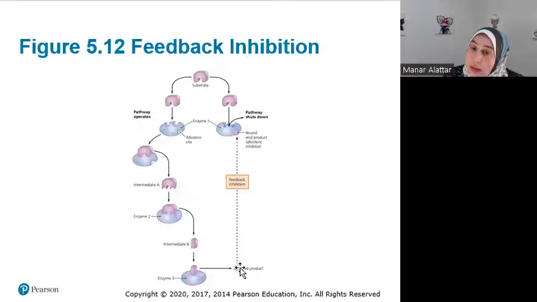And then maybe when that end product diminishes, the concentration of it diminishes within the cell, and then that one molecule is needed, it pops out of the allosteric site and it turns the pathway back on. And so oftentimes you have these feedback loops that allow the cell, whatever cell it is, a bacterial cell or a eukaryotic cell, to essentially control the activity of not just one enzyme, but a whole pathway of enzymes.